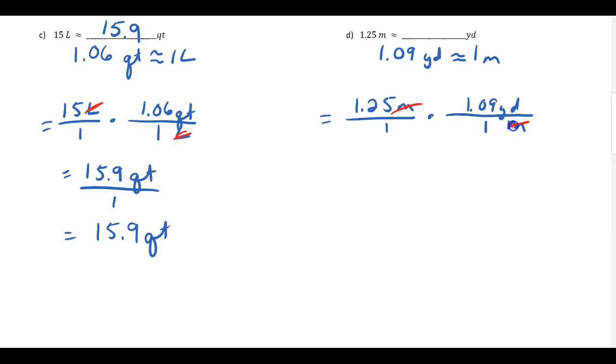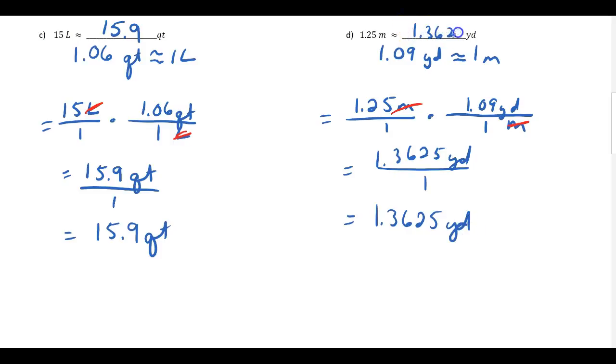And my meters units cancel out, leaving me with 1.25 times 1.09. And that's going to give me 1.3625 yards over 1. So 1.3625 yards. Now in this particular case, it did not say where to round, and this one's not really too much of a rounding. Most of the time we want to go out at least 3, if not 4 places behind the decimal, just to make sure for accuracy purposes.